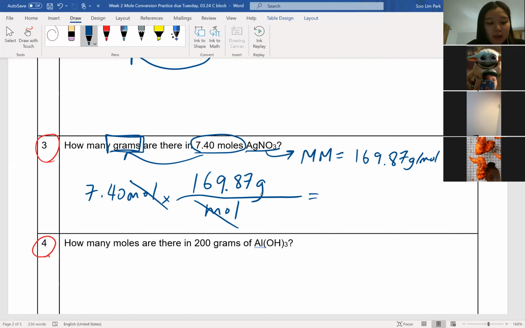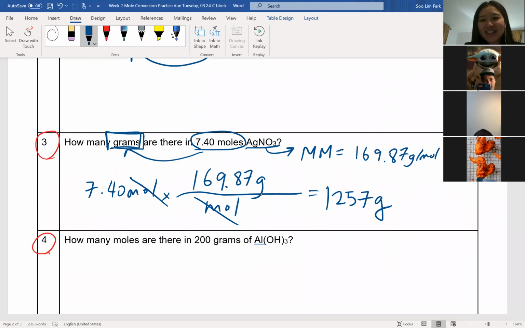So I'm going to do 7.4 times 169.87, and I get this number, 1,257 grams. All right, does that look right? Jeffrey, are you confirming for me? Yeah. All right, awesome. Thank you.